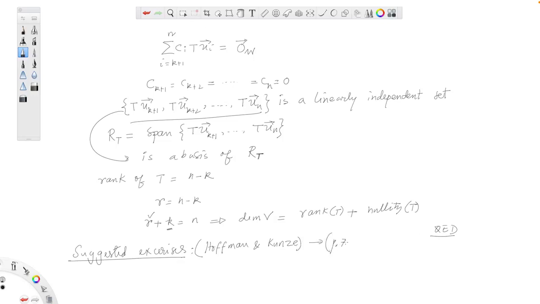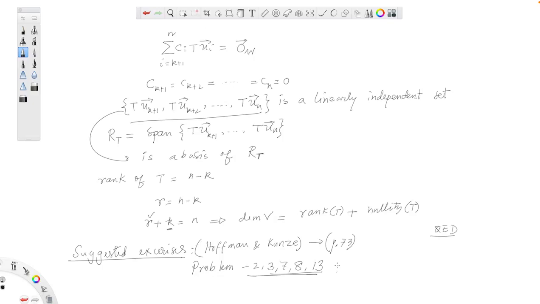Page 73 from our textbook, problems 2, 3, 7, 8, and 13.